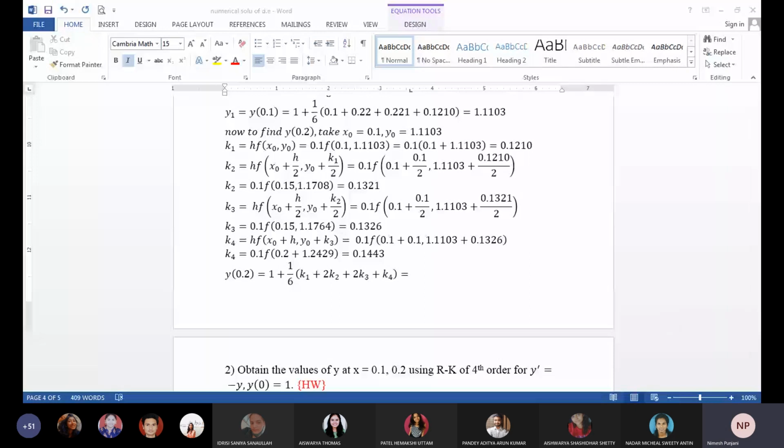So now y of 0.2 is 1 plus 1 by 6 of k1 plus 2k2 plus 2k3 plus k4. That is 1.1324.